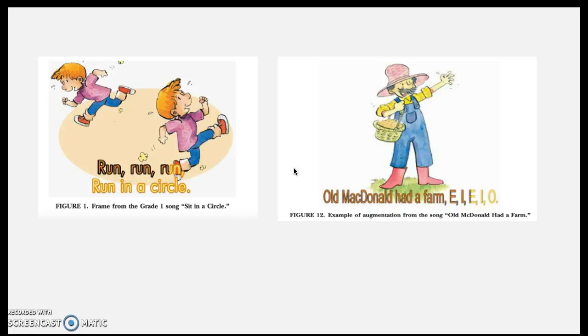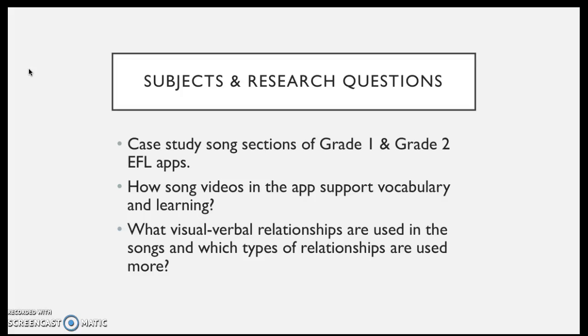We can see there are animation pictures and lyrics, and they are quite colorful, entertaining, and the lyrics are quite catchy. So the authors conducted a case study of these song sections, focusing on how song videos support vocabulary learning. To be specific, what visual-verbal relationships are used and to what extent they are used.